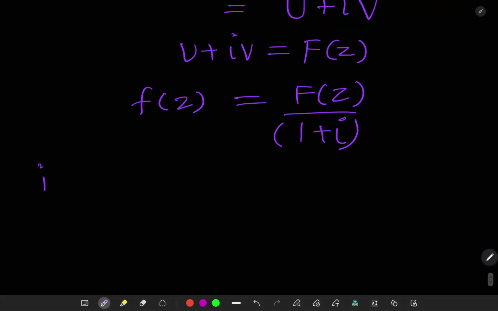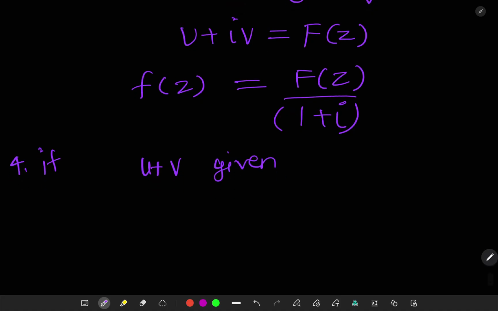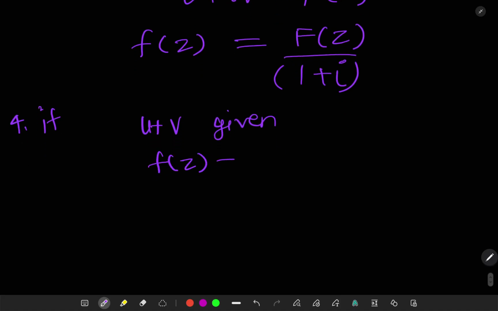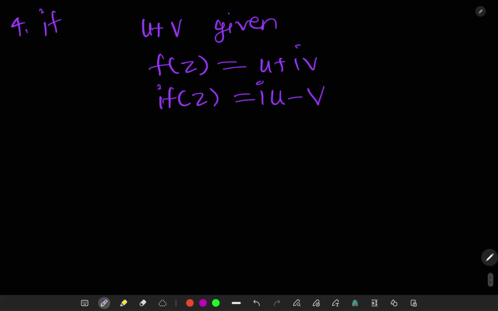Now, case 4, if U plus V is given, then f of z is equal to U plus iota V, and multiply both sides by iota. We can write here this, and similarly add this equation.